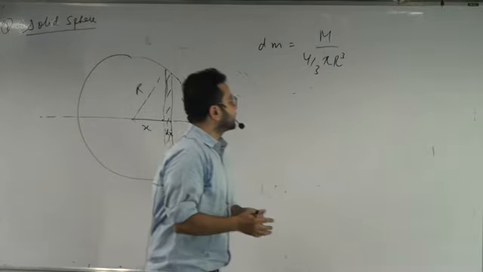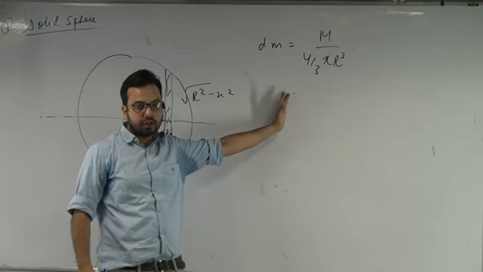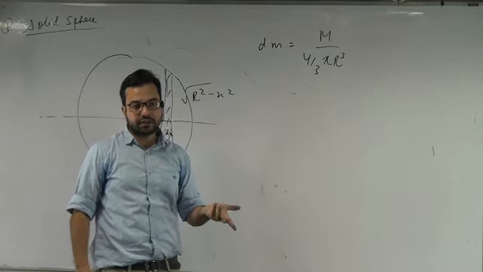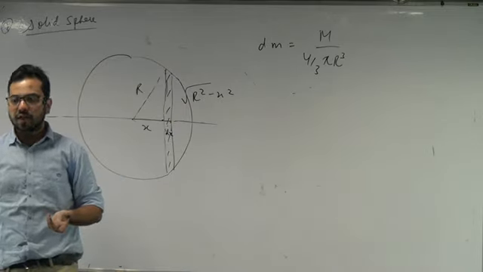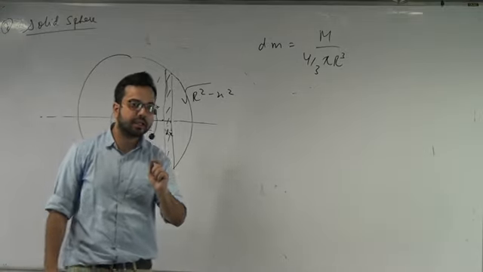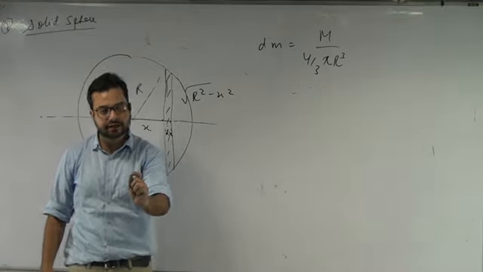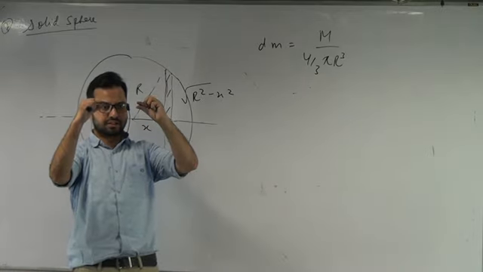Okay, so this is what? This is mass per unit volume. Mass per unit volume. So I have to multiply it with the volume of the disk. What will be the volume of a disk? Area into dx. You can consider this to be a cylinder. है कि नहीं? You can consider this to be a cylinder. Right? ठीक है. So it is a disk which has a small thickness. So what is it?